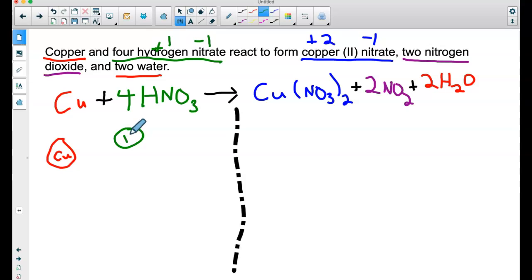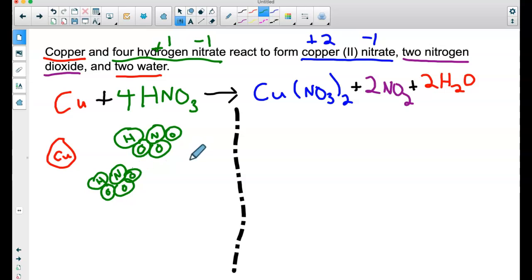Now, in this formula, I have one H, one N, and 3 O's. So I'm going to draw all of that stuck together in a clump. Doesn't matter how that clump is arranged as long as I've got one H, one N, and 3 O's. But I've got that 4 as a coefficient, which means I need 4 of these clumps.